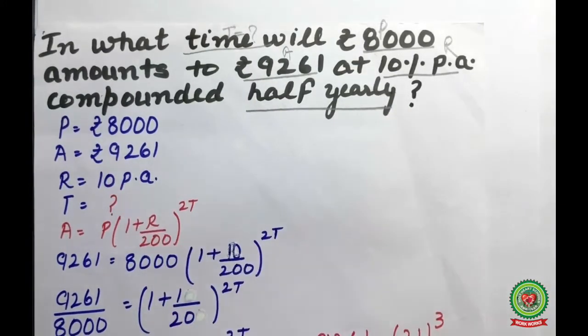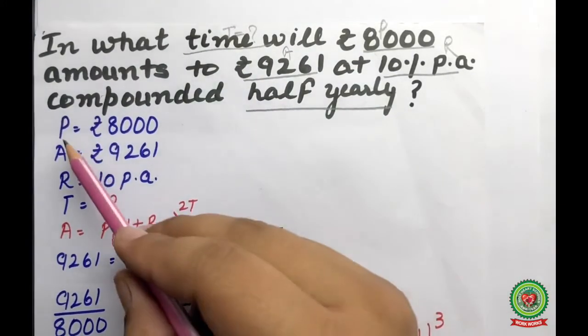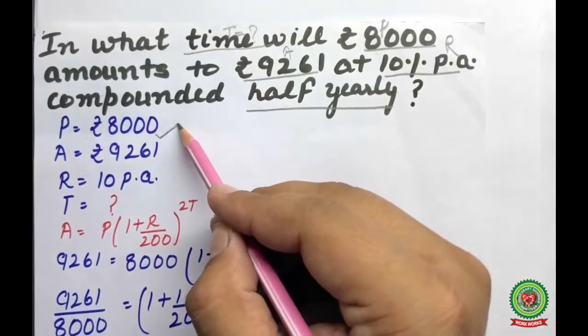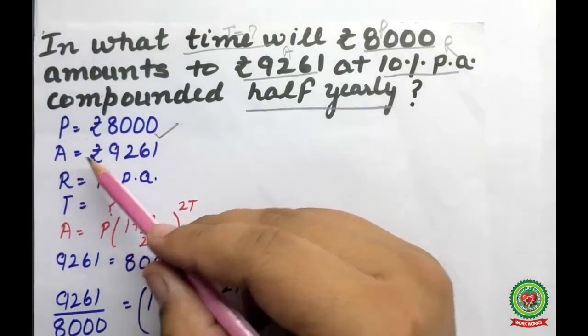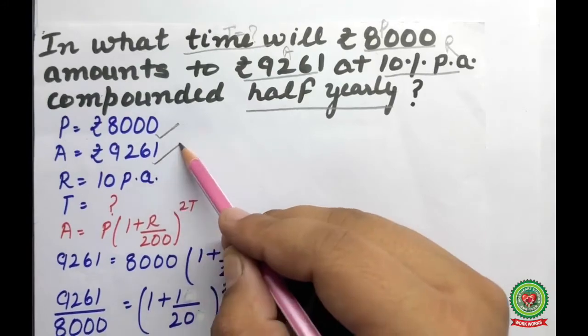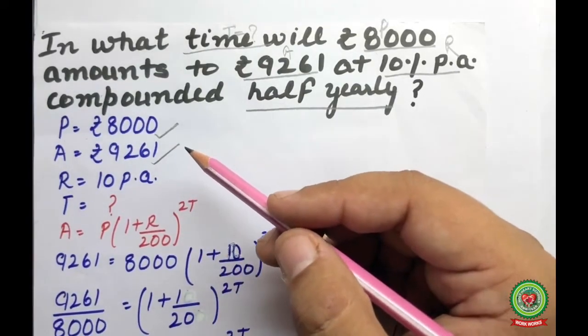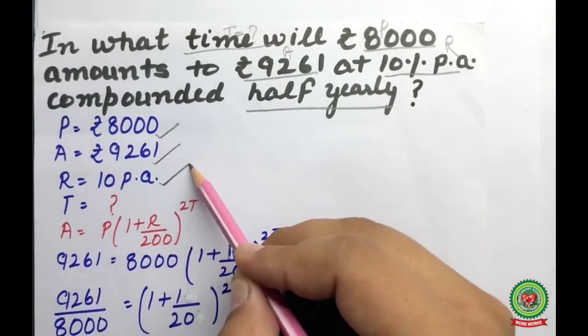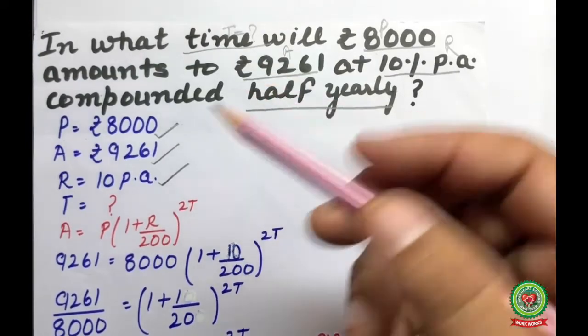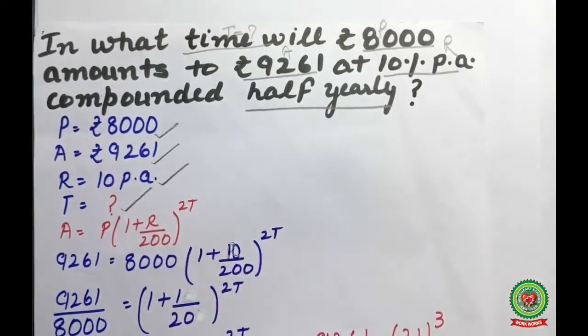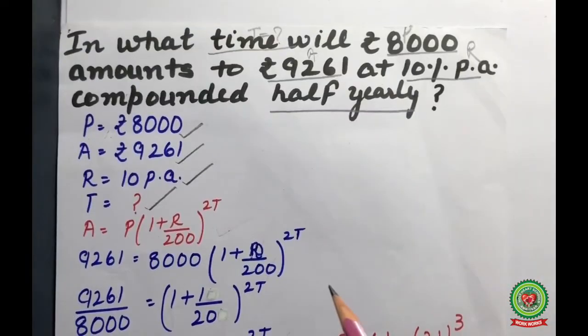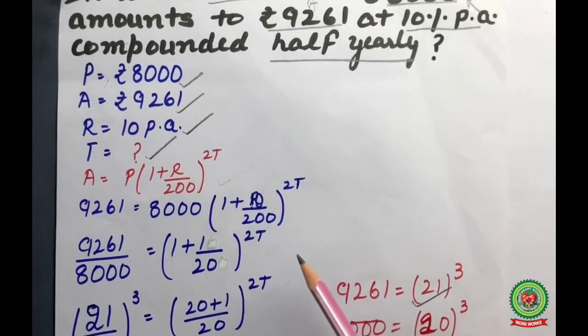So we write down whatever is given to us, that is P is equal to rupees 8,000, amount is equal to rupees 9,261, rate is equal to 10% per annum, time is equal to question mark. Now we are going to apply the formula of amount in case the interest is compounded half yearly.